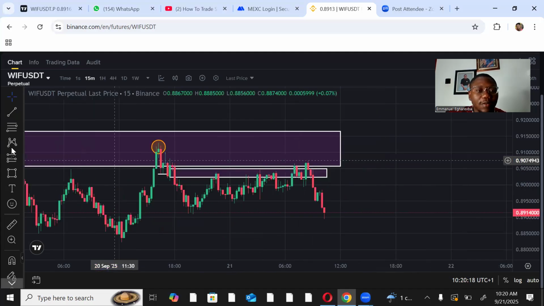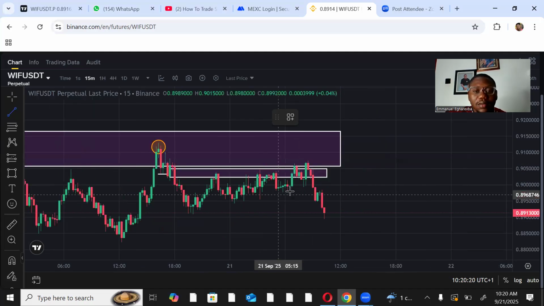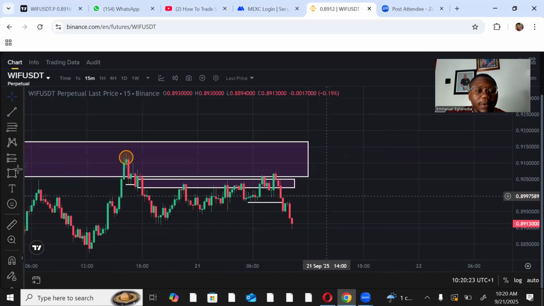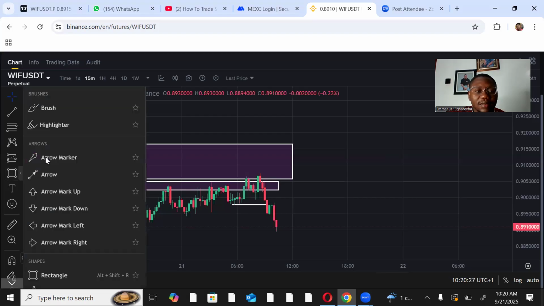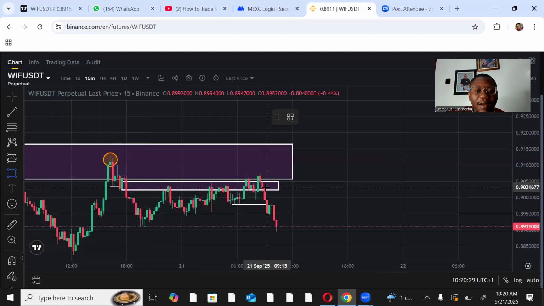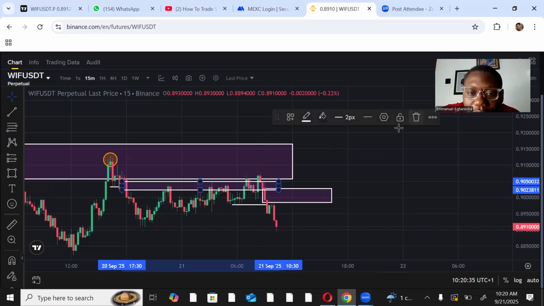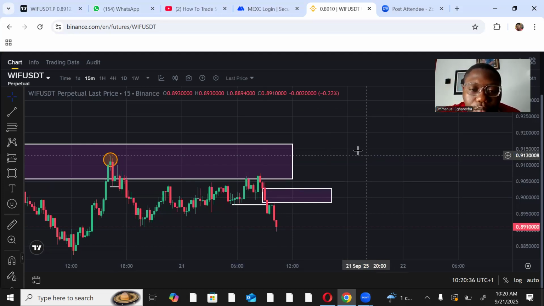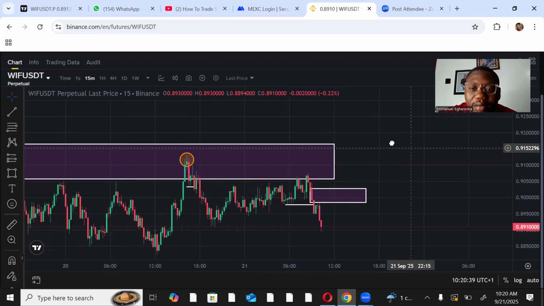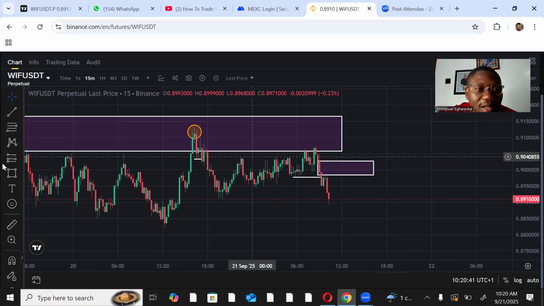Created another breakout structure. Now price will come back again, go back again, and fill an imbalance. So it's just a cycle of the market. So I would want to enter from here.